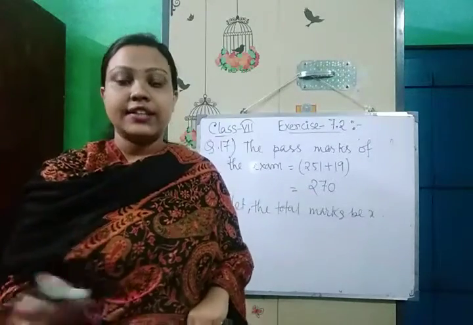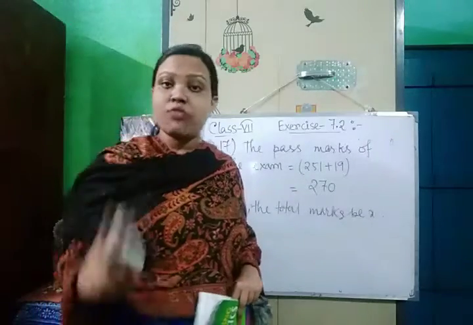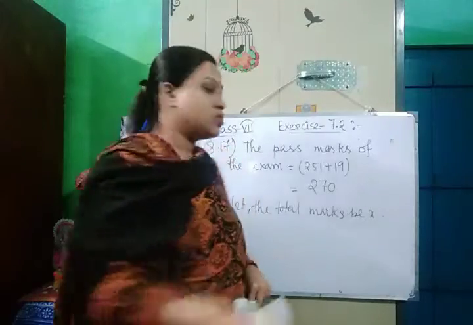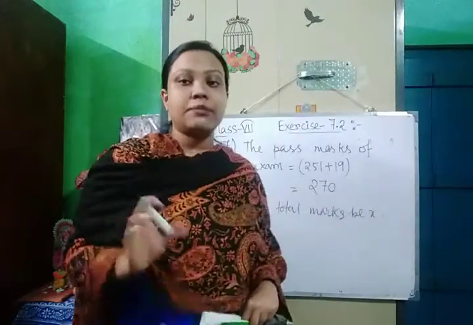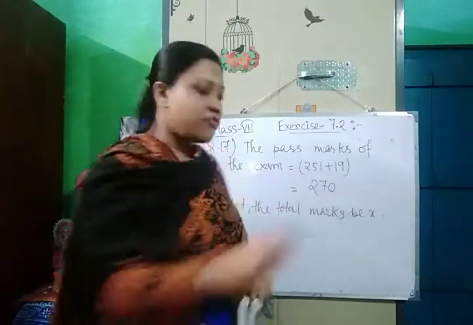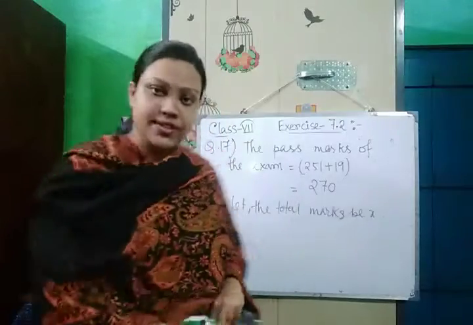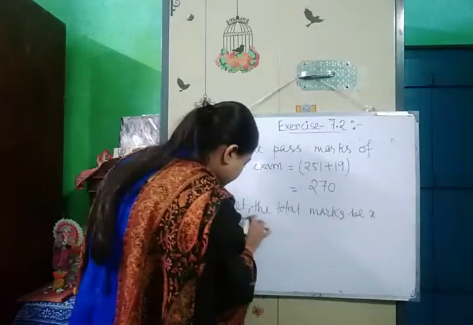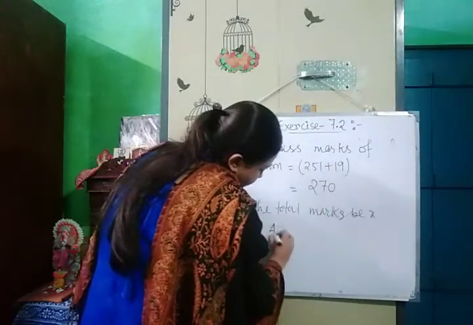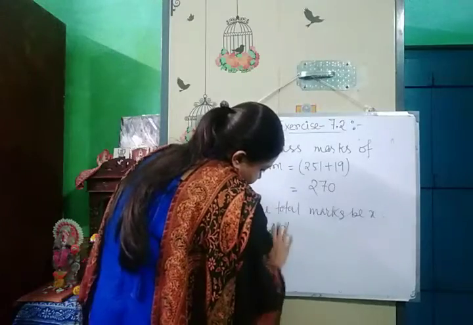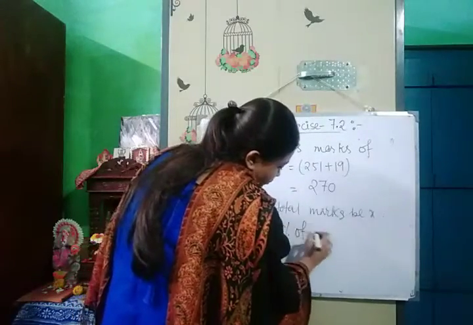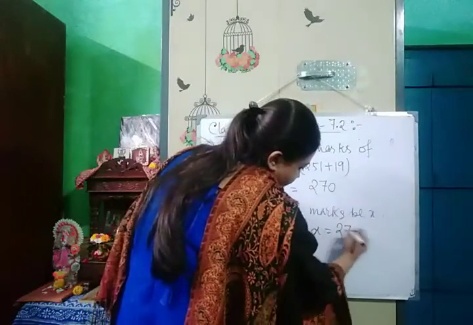So we can write that 45% of the total marks equals 270. That means 45% of x equals 270. So according to the question, 45% of x equals 270.